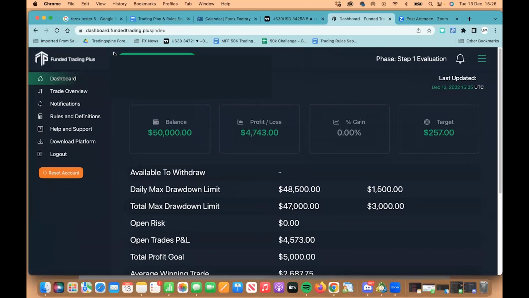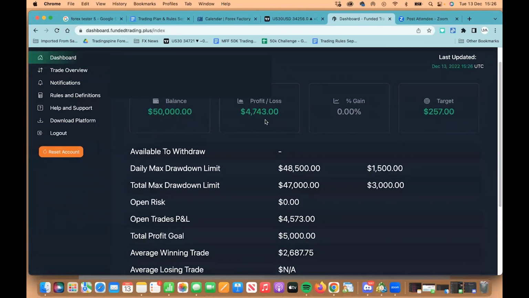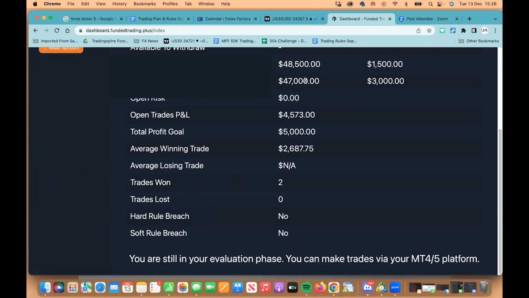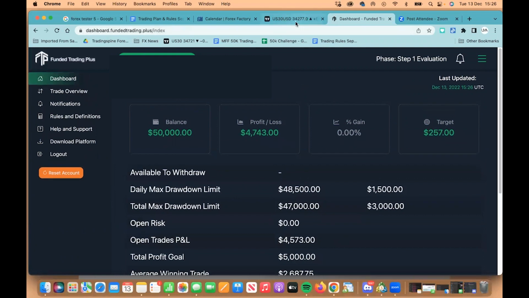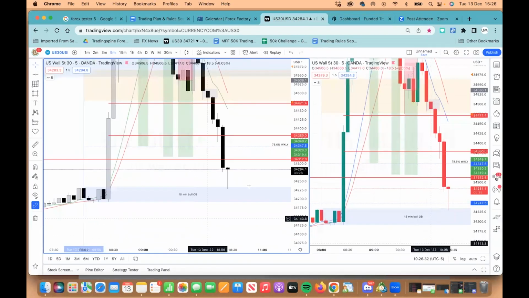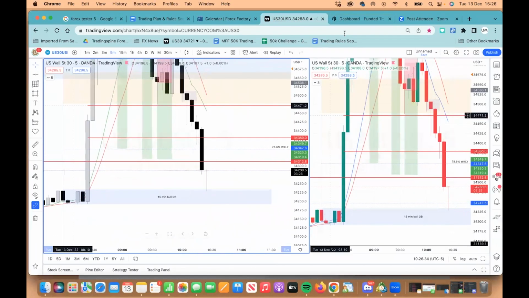That is right. Why is it not loaded? How's it saying that's the target? That says last updated, that's not right. Don't annoy me now. Because I could have held that trade all the way to here. Right, hold on.